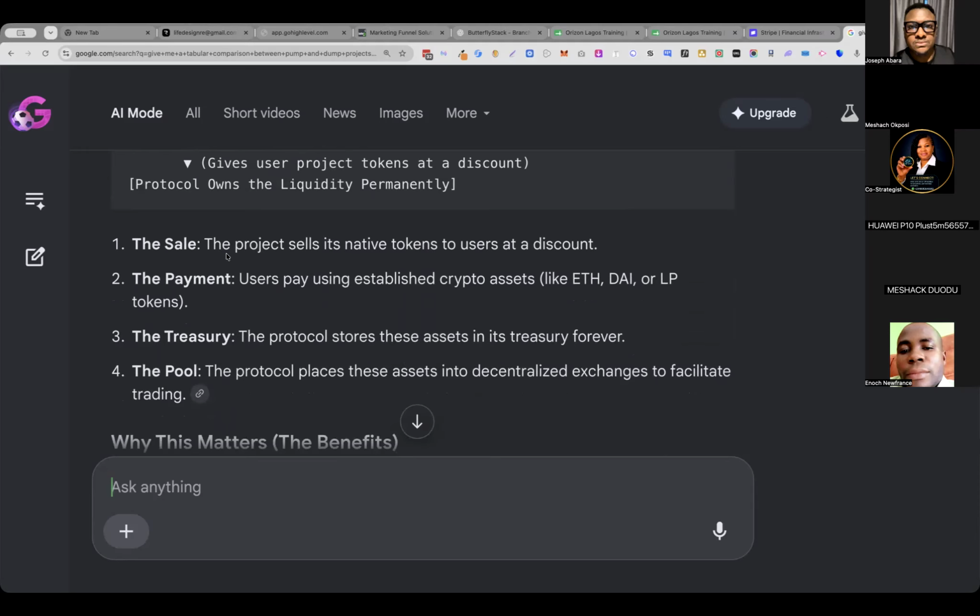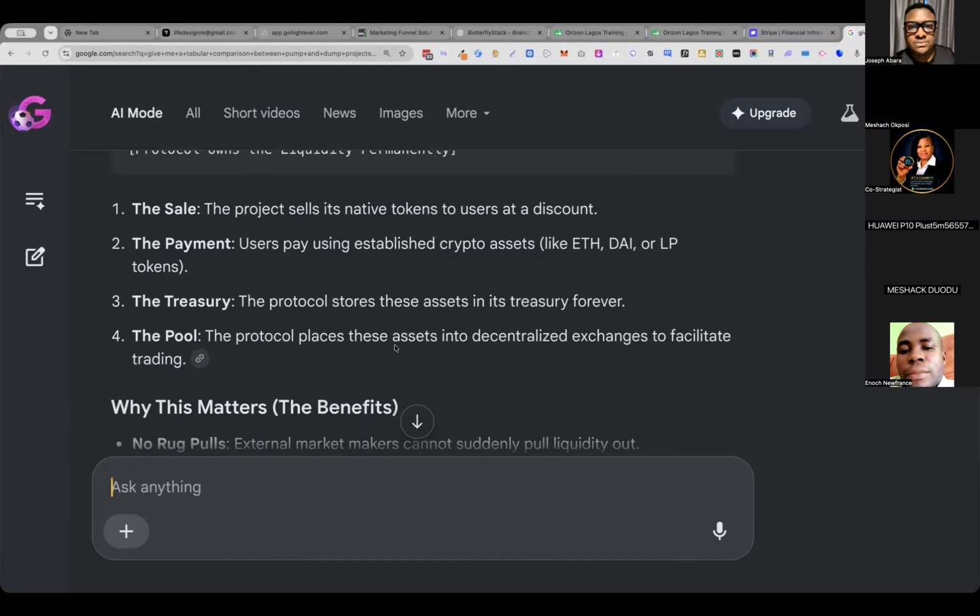The payment is made using crypto assets like USDT, DAI, Ethereum. The protocol stores all these assets inside the treasury forever. Now, the protocol places these assets into the decentralized exchange to facilitate trading. So instead of renting money from people who will take their money and disappear, the protocol raises money by selling its tokens at a discount.